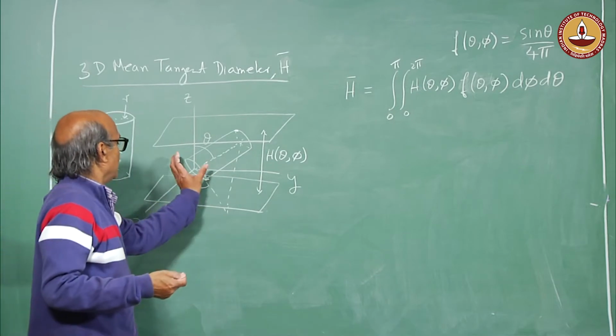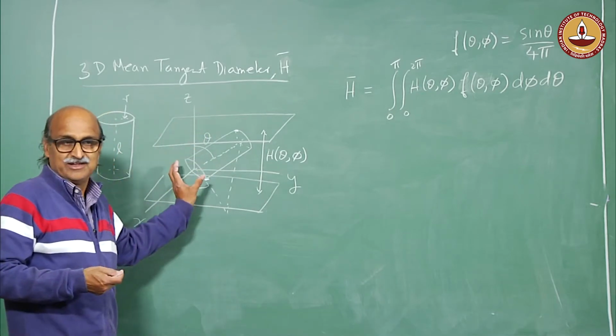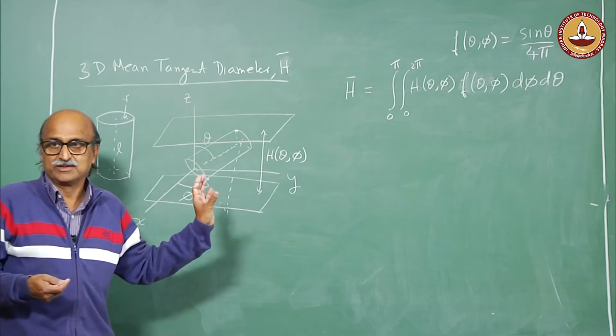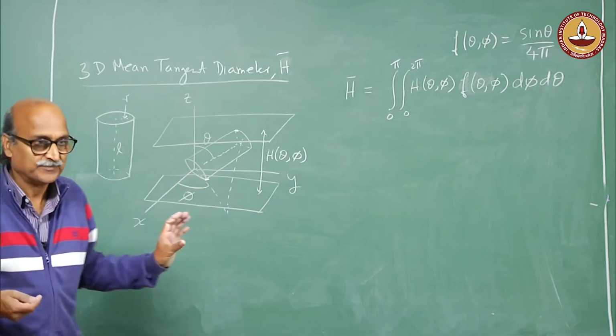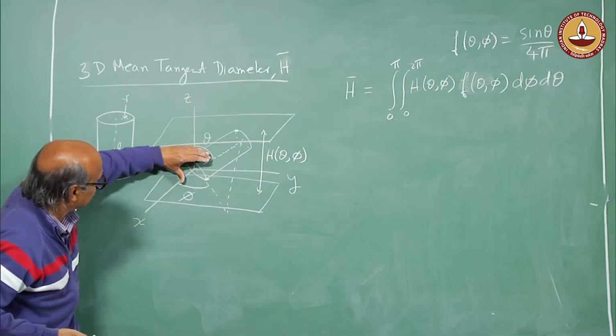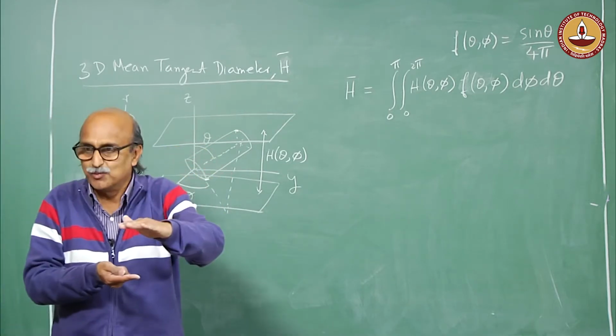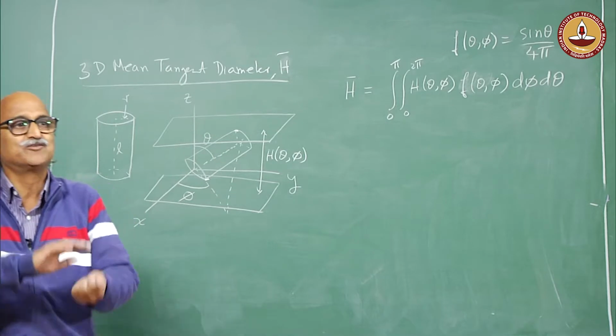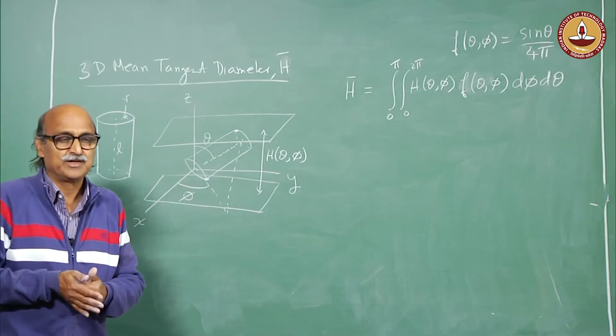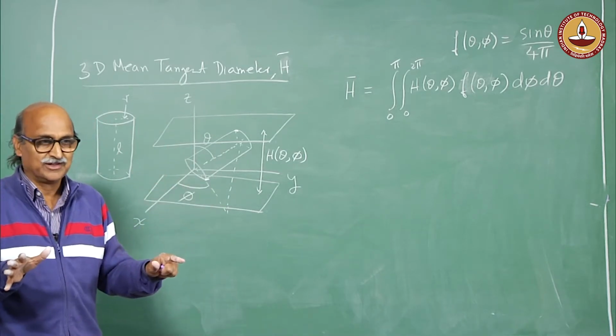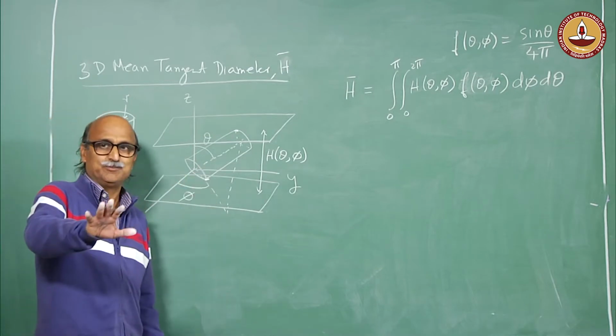If theta is 0, then the cylinder is upright, it is simply the length of the cylinder L. If theta is 90 degrees, it is lying down, then the tangent diameter will be 2r. In between it will vary. That is how it varies with theta. How does it vary with phi if I keep theta fixed?